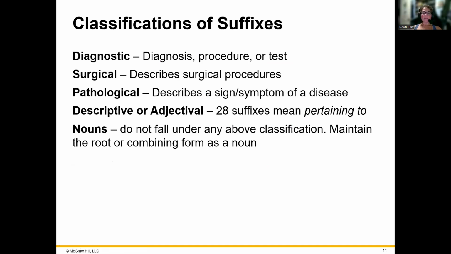There are diagnostic suffixes, surgical suffixes, pathological suffixes, descriptive or adjectival suffixes, and then noun suffixes. And in your book, you'll be able to see the differences of those suffixes within their category.